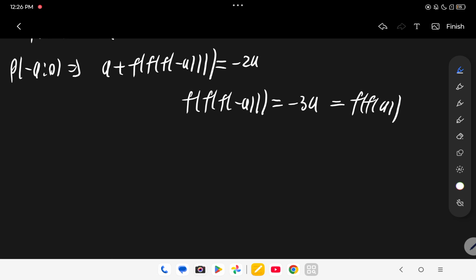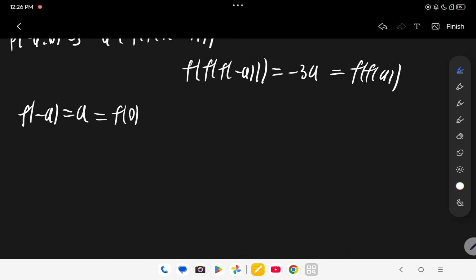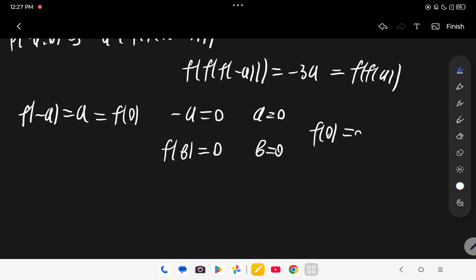So since f is injective, we get that f(minus a) equals a. But f(a) equals f(0). We set this in the beginning. So we get that minus a equals 0. So a equals 0. And since f is injective, if f(b) is equal to 0, we get that b is equal to 0 too. So f(0) equals 0.